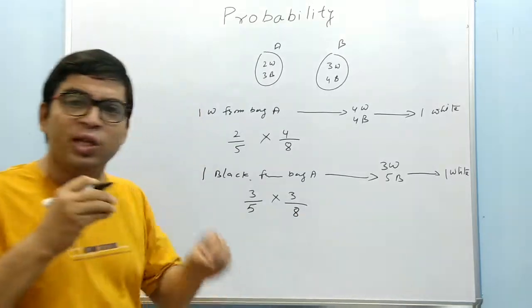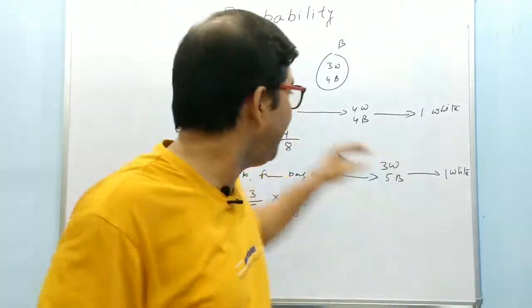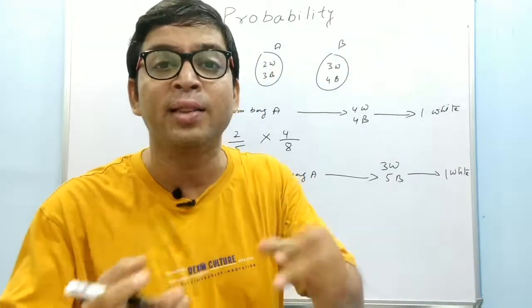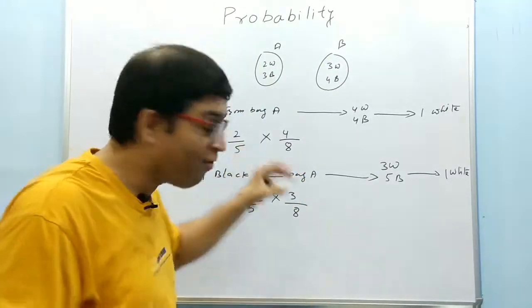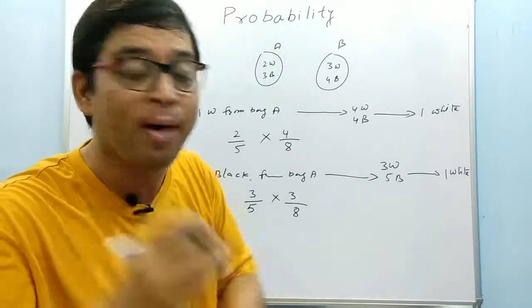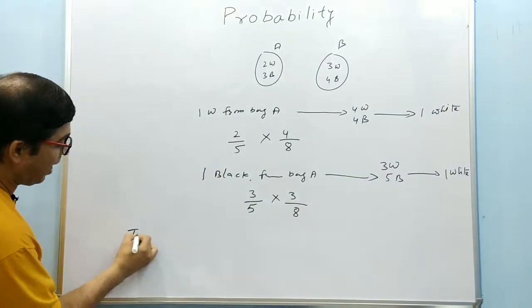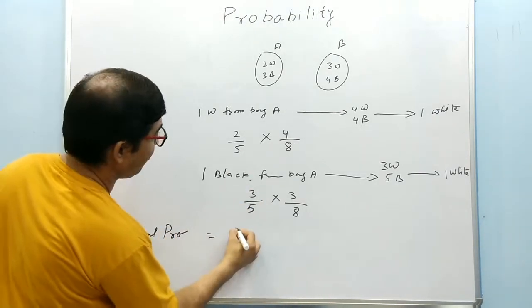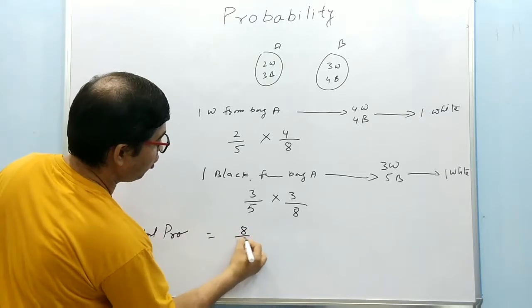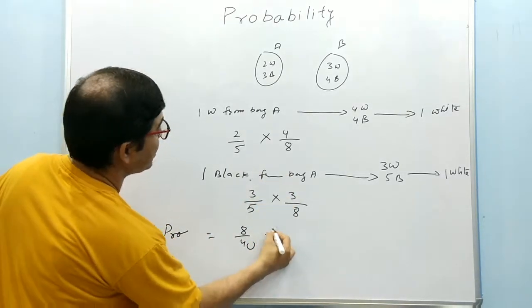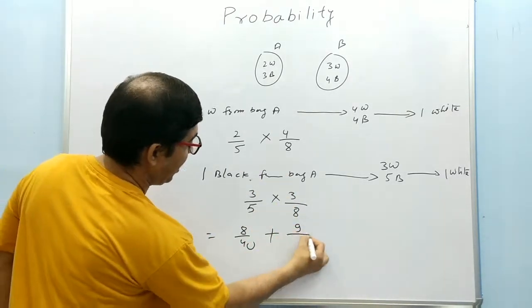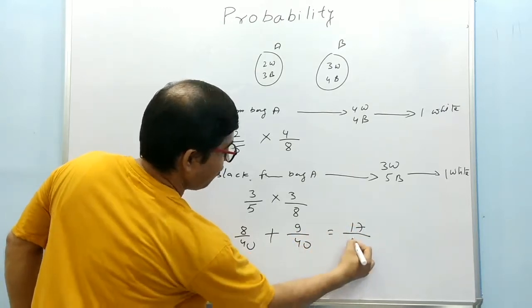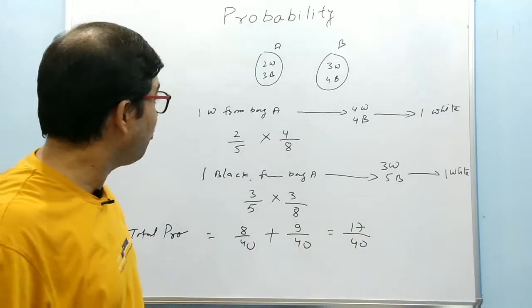So either what we want will happen in this way or that way. Or means we have to add up both the probabilities. So the total probability is 8 by 40 plus 9 by 40, which comes out to be 17 by 40. That is the required probability.